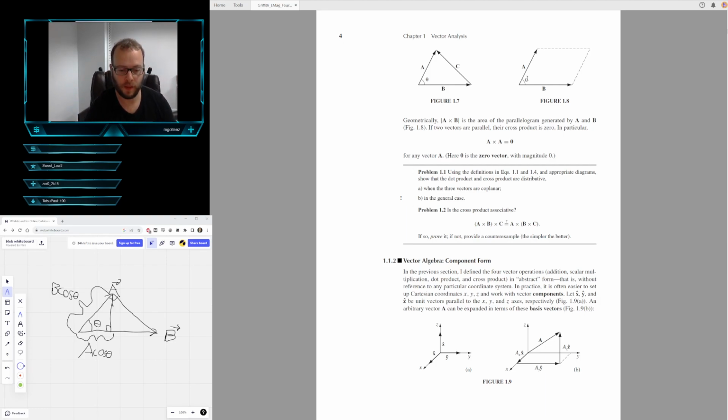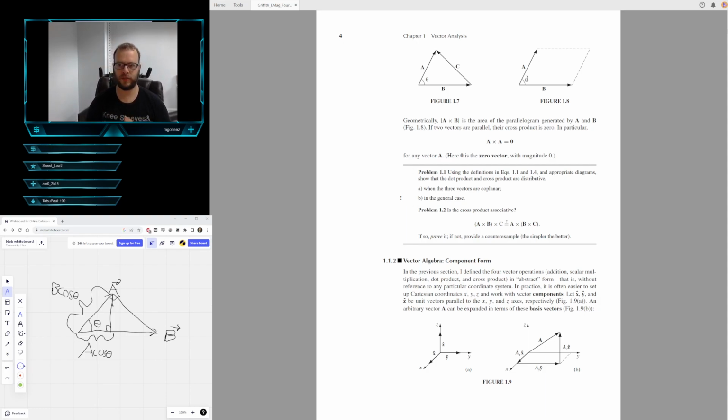If we did B cross A, then it would be easier. We would do B, which is here, cross A, which is here. It'd be pointing out of the page.